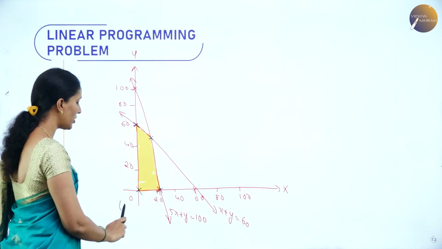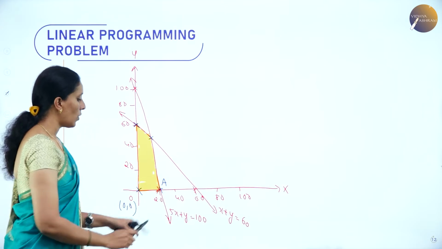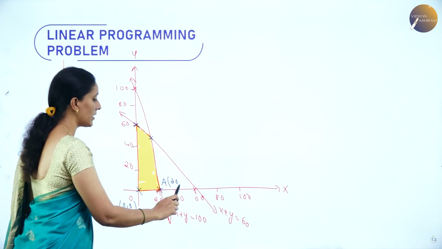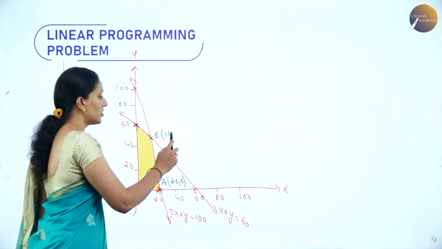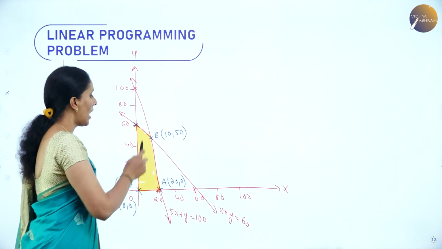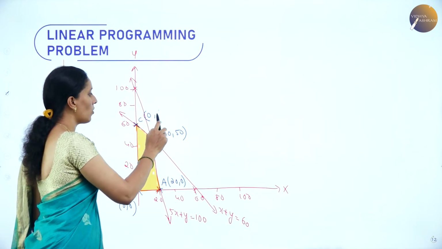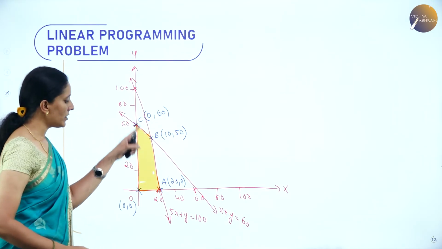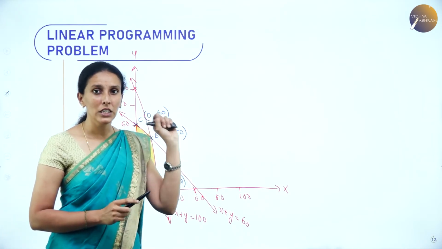For the origin, it is (0, 0). I'll mark this as A, which is (20, 0). When you draw this in the graph, you will get B as (10, 50), and this is point C, whose coordinates are (0, 60).